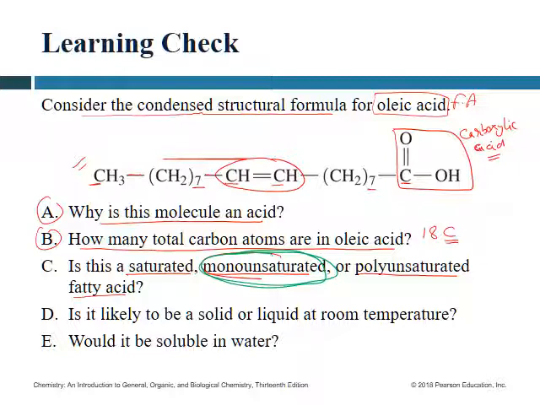Is it likely to be solid or liquid at room temperature? Because this is monounsaturated, it is likely to be a liquid. Why? Because of the presence of the double bond, there will be weaker dispersion forces within this molecule, and that means you need less energy. So most probably it will be a liquid at room temperature.